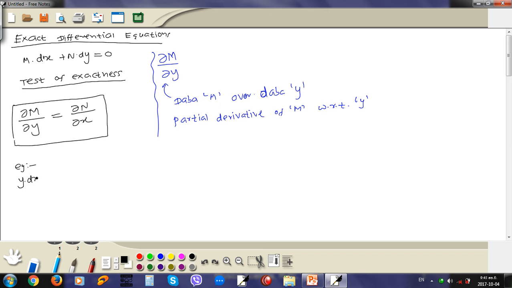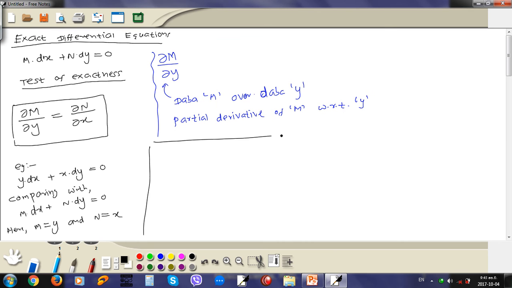This equation is in the form, so we compare it with our general equation, M times dx plus N times dy equals 0. Here M times dx means M equals y, and N times dy means N equals x.